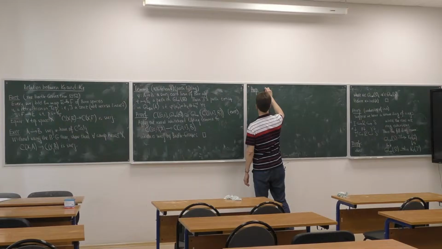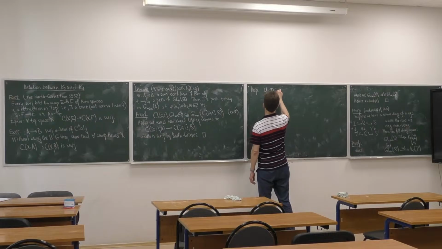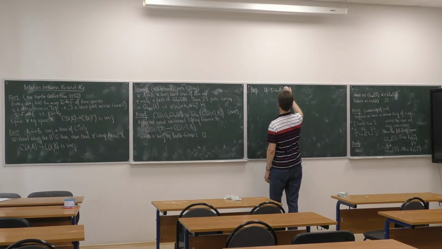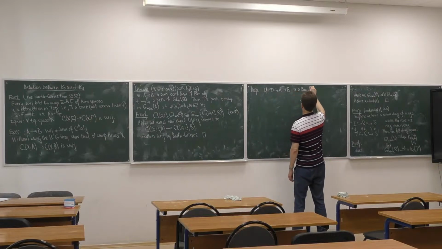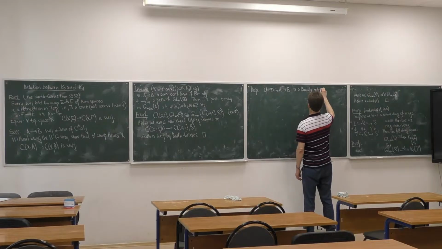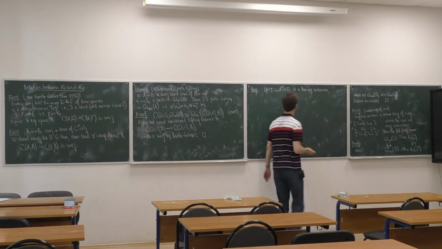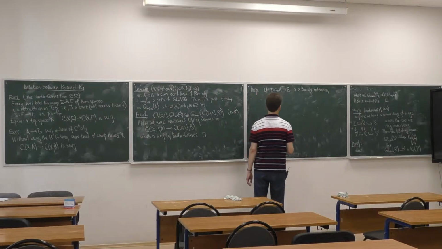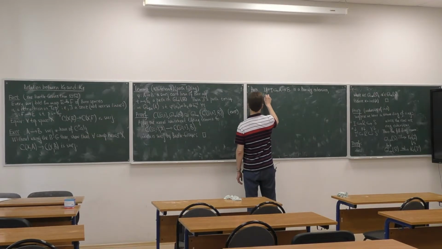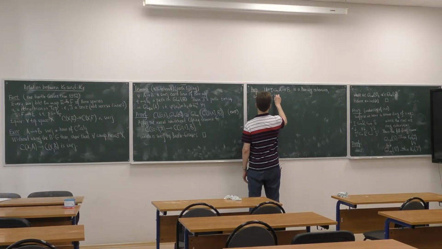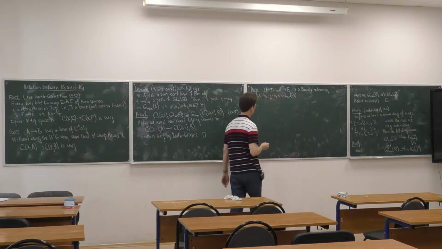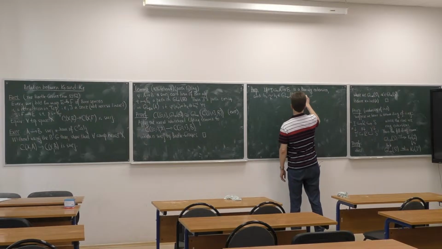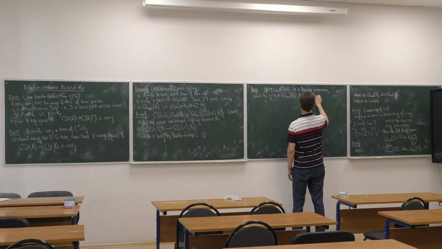If we have a Banach algebra extension I, A, B, and we have two homotopic elements in GL infinity of B, say b_0 and b_1, homotopic in GL infinity of B, then the index of b_0 is equal to the index of b_1.